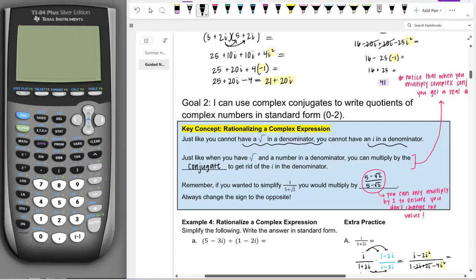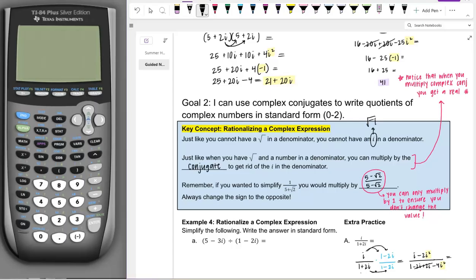You also cannot have an i in a denominator, because i stands for square root of negative 1. So you can't have i in the denominator because it represents a square root. So what you do is you multiply by the complex conjugate to get rid of the i in the denominator.